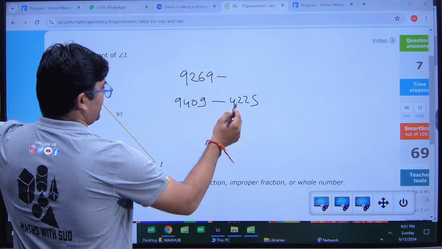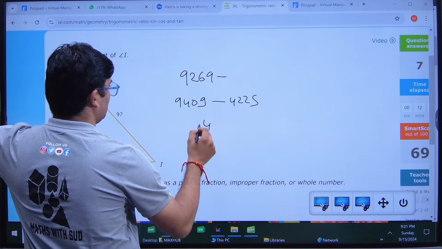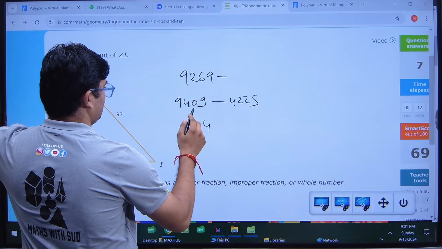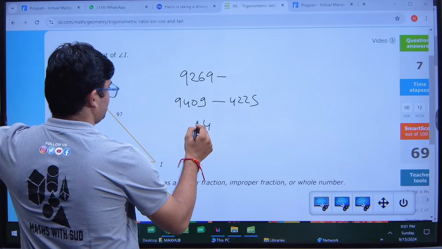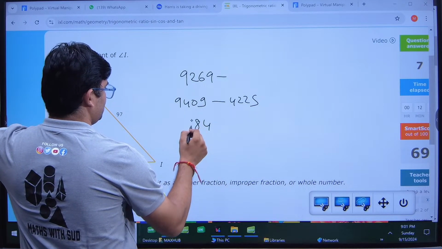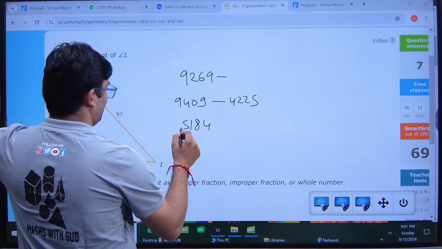So when you subtract, 9 minus 5 is 4, 10 minus 2 is 8, 3 minus 2 is 1. That gives 5184.